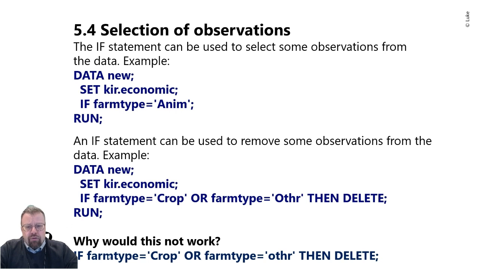Then there is a little question: why would this if statement not work if we compare these two if statements? You might notice that there is a little difference here. This other group is written in a slightly different way in these two if statements. This one has the capital O, and this one has the lowercase o. And in the data set, the farm type other is written in this way.